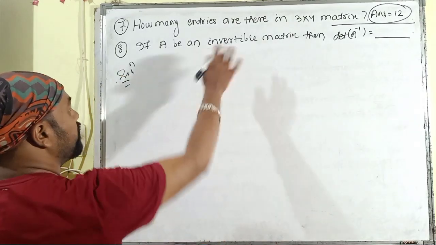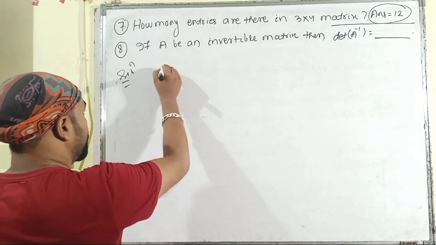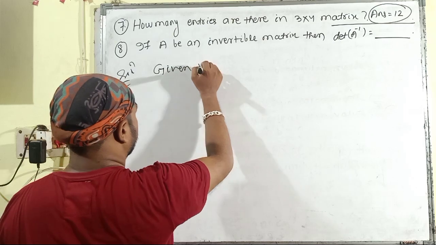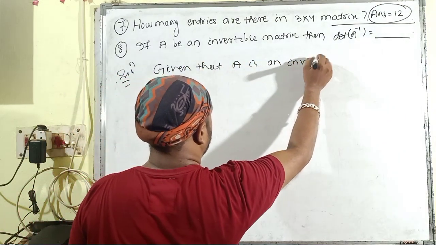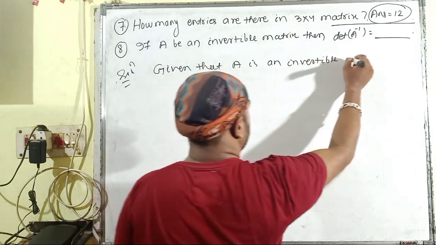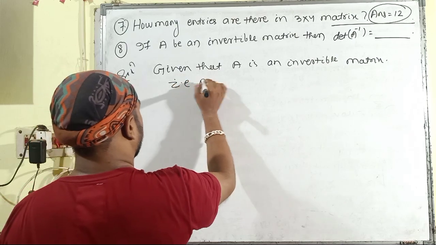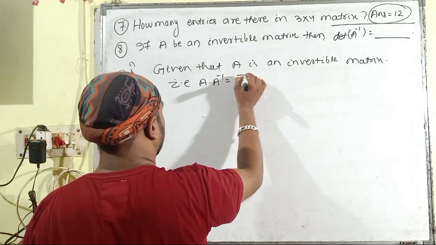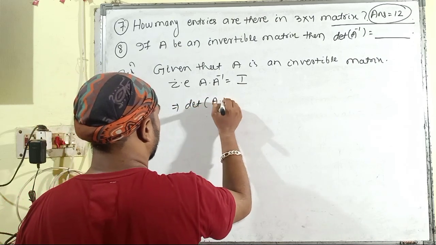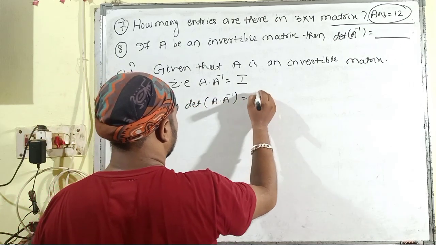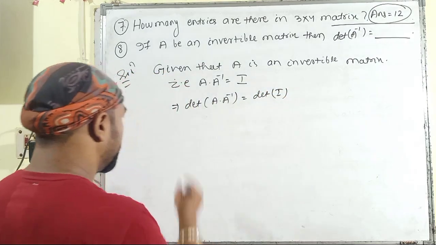It is given that A is an invertible matrix, then we have to find out the value of determinant of A inverse. Given that A is an invertible matrix, that is A multiplied with A inverse is equal to I. That implies determinant of A multiplied with A inverse is equal to determinant of the identity matrix.